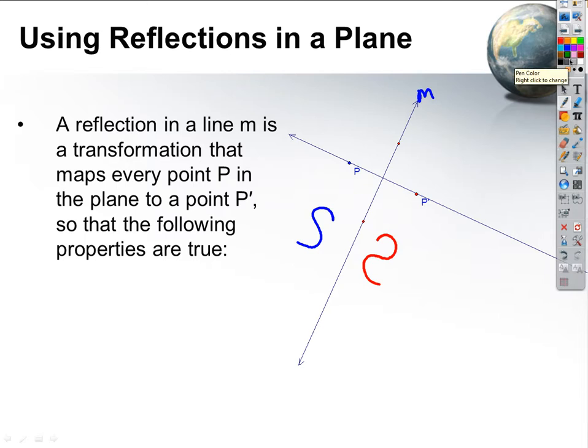And the blue pre-image is just a collection of how many points? Probably even more than 2. How many points are there on that blue S? So how many would it take to make that whole shape? Millions? More? Infinite, yeah. There's an infinite number of points that are linked together.